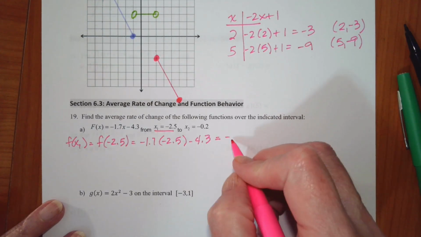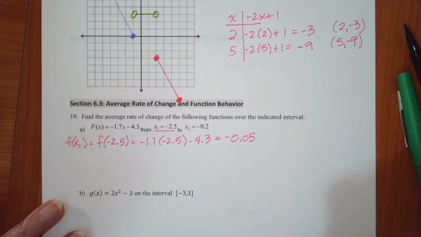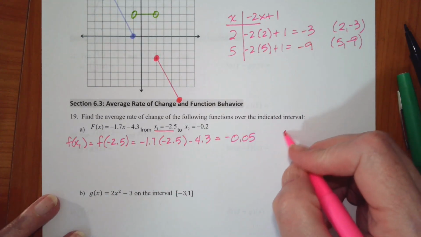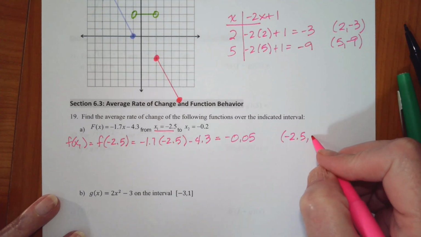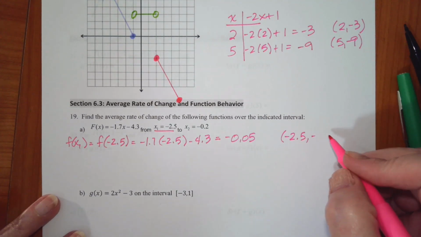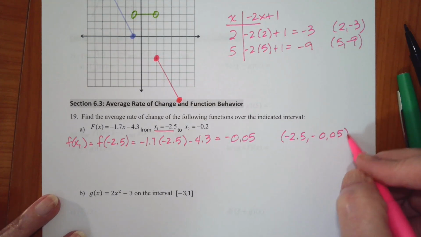equals negative 0.05. So that gives me the point negative 2.5, negative 0.05.